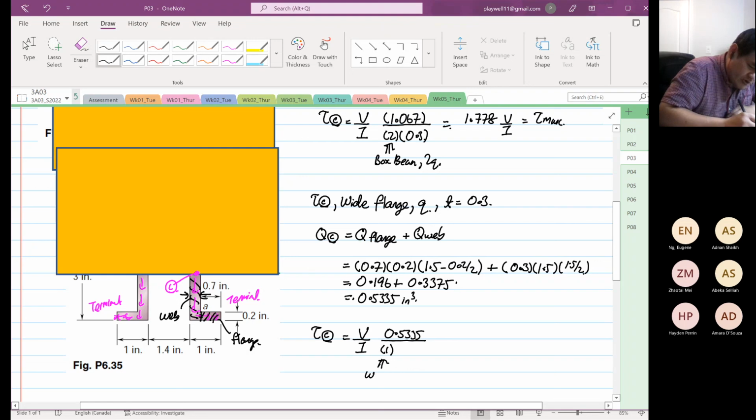It's a wide flange. Okay, and then you have thickness 0.3. So 0.5335 divided by 0.3 is equal to 1.778. And this is also equal to tau max.